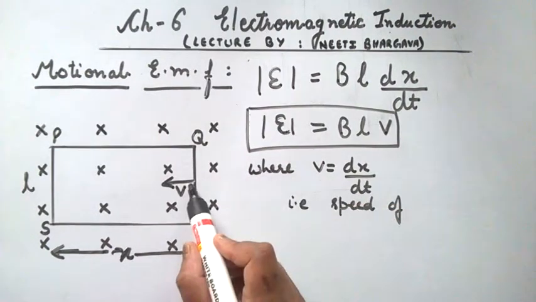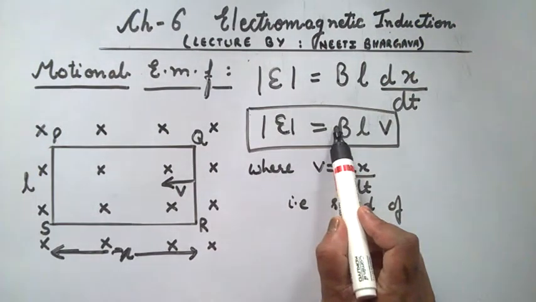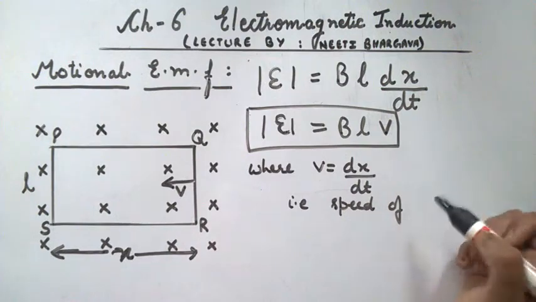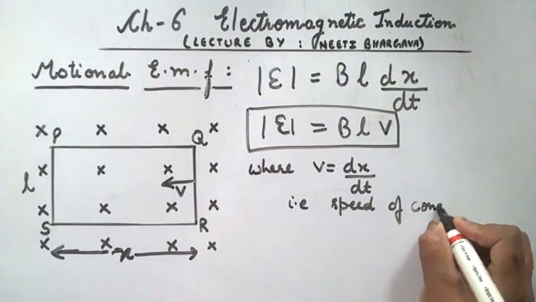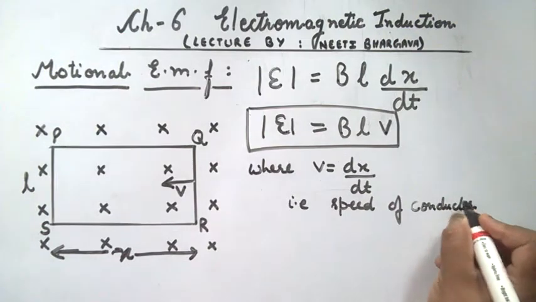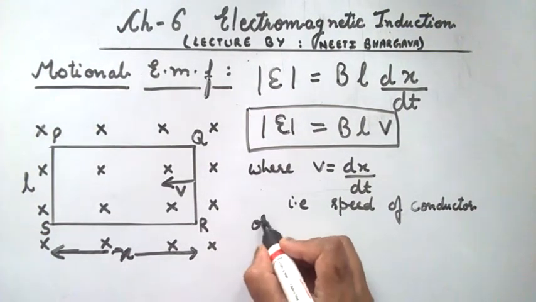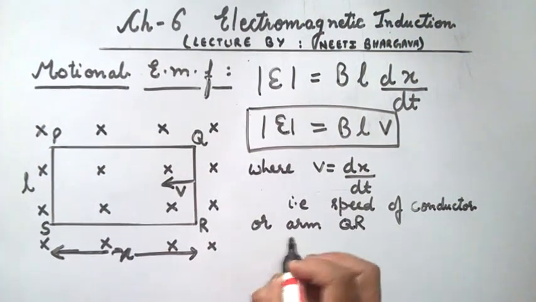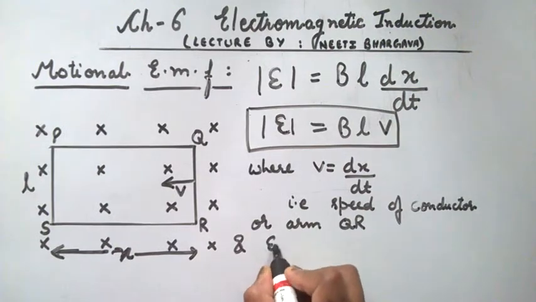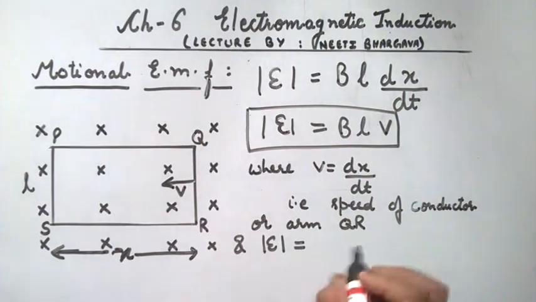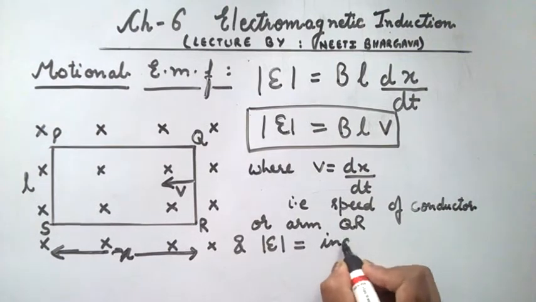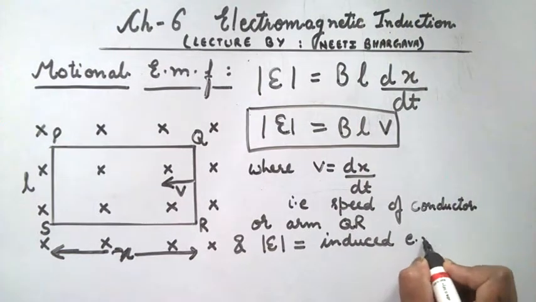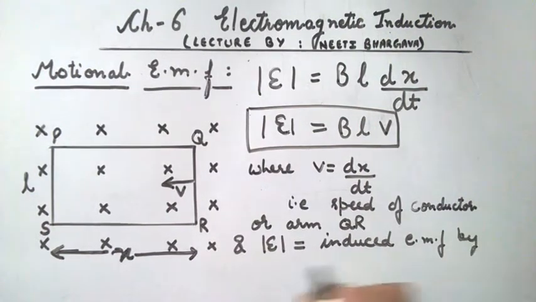If we are considering direction, then a negative sign will come, and this will be the velocity of a conductor, or arm QR. And E magnitude is the induced EMF by the movement of arm QR.